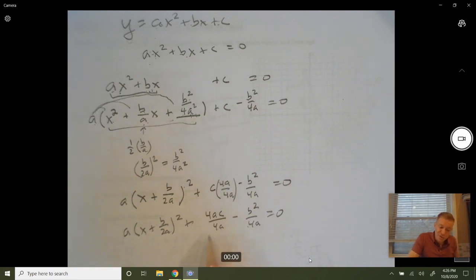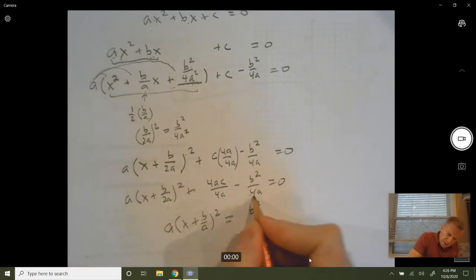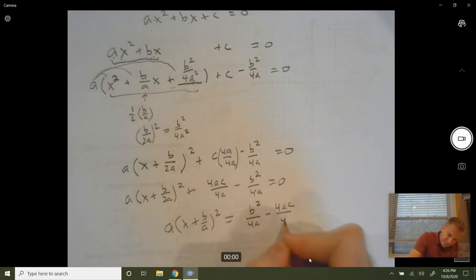Let's move these two terms to the other side of the equation. I've got a times x plus b over a quantity squared equals, this one becomes positive, b squared over 4a minus 4ac over 4a.